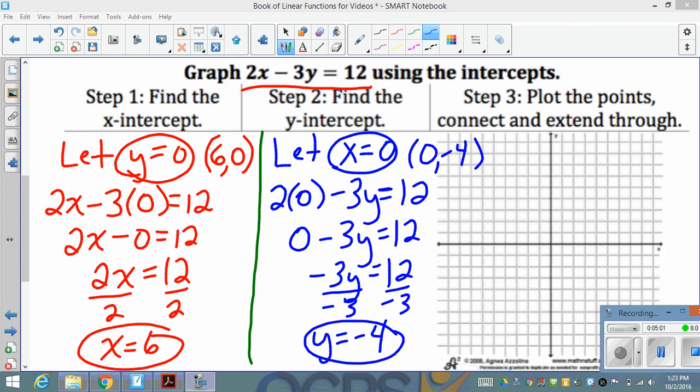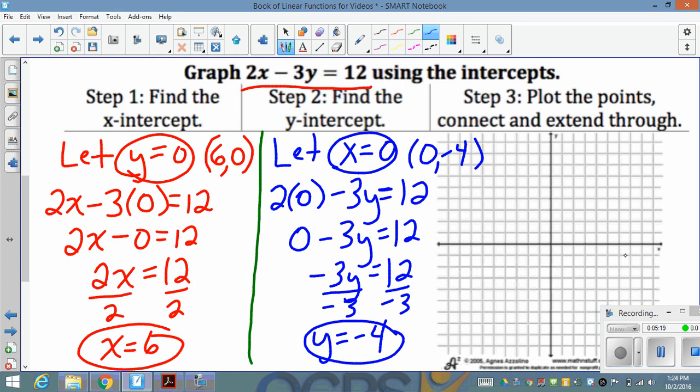Now what we've done is found 2 points that are on our line. We found 2 easy points because we were able to plug in 0. What we can do now is plot the 2 points, connect and extend through. The point 6, 0, that's my x-intercept. 1, 2, 3, 4, 5, 6. That's going to be right there.